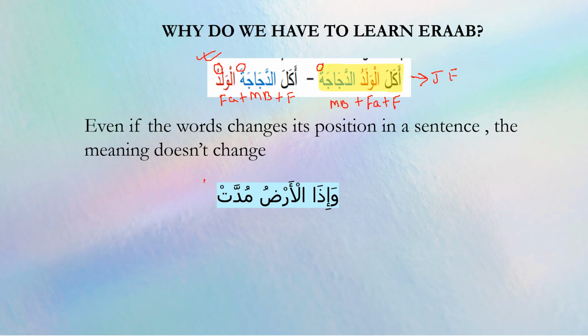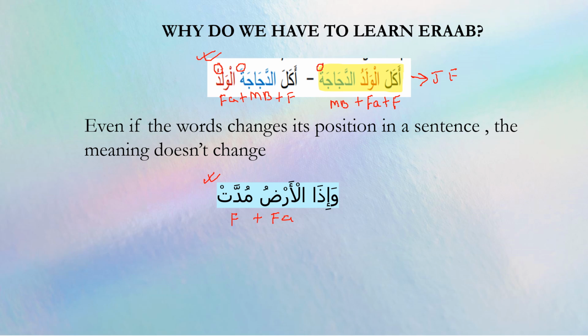And the second example I have taken from the Quran, وَإِذَا الْأَرْضُ مُدَّتْ. Now, ard is a feminine noun and muddat is a feminine verb. So now you can see the verb or the fi'l has come last and the fa'il is in its position in between. So does the meaning change? It doesn't.